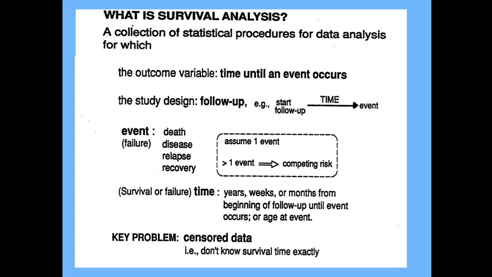Now, another thing, in this little box over here, is that we're going to assume throughout the rest of this course, when we talk about survival analysis, that we're only interested in a single event. There's only one thing that we're worried about getting. We're only worried about whether they die, or whether they get a certain cancer. We're not worried about this event or that event, any more than one event.